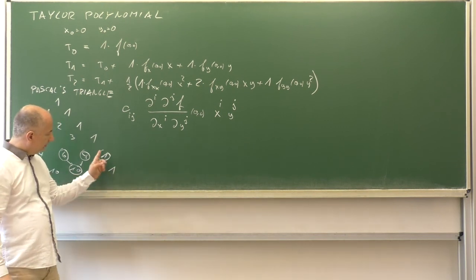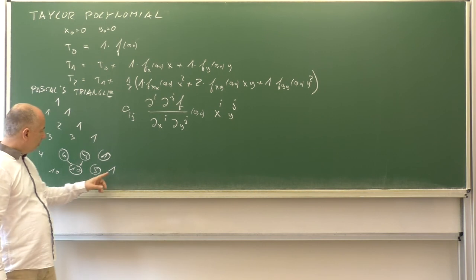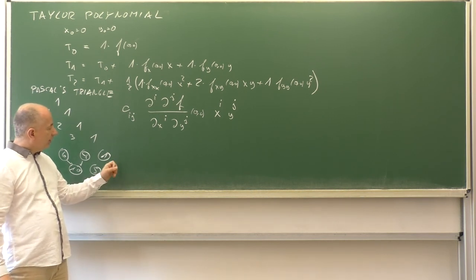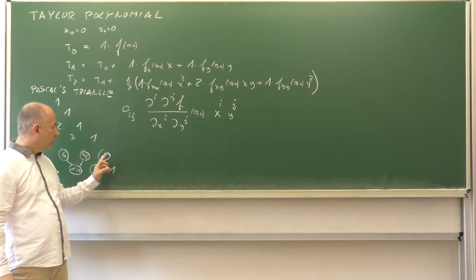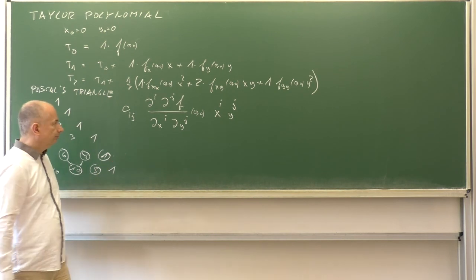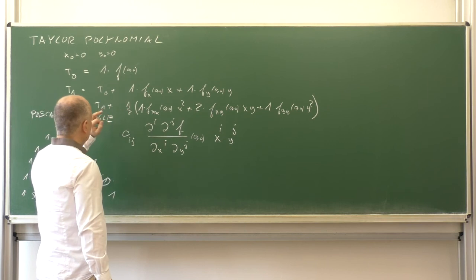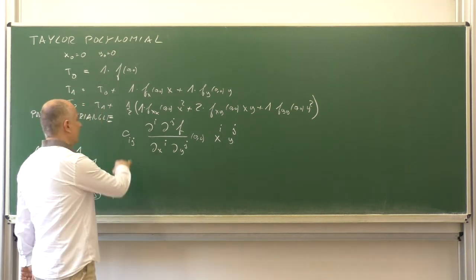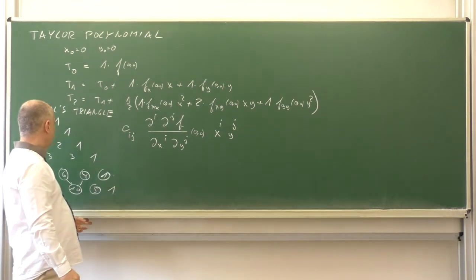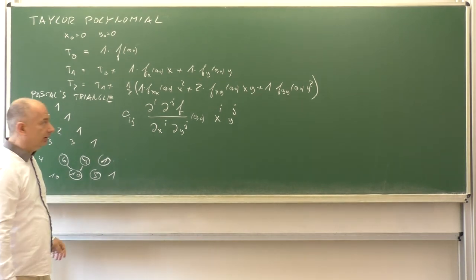You can build the leftmost and rightmost number by considering 0 here. So 1 plus 0 is 1. And what I want to show is that the coefficient here is the number in the Pascal's triangle.